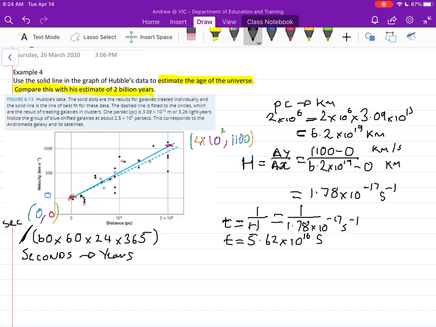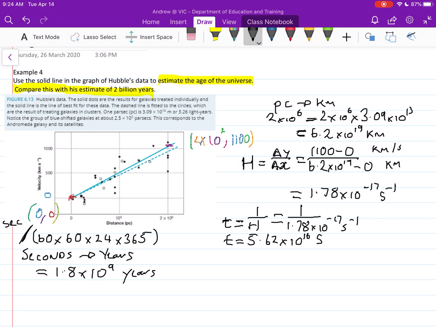So this will give you a value of around 1.8 by 10 to the 9 years. Okay, so this is 1.8 billion years, because 10 to the 9, that's a billion.